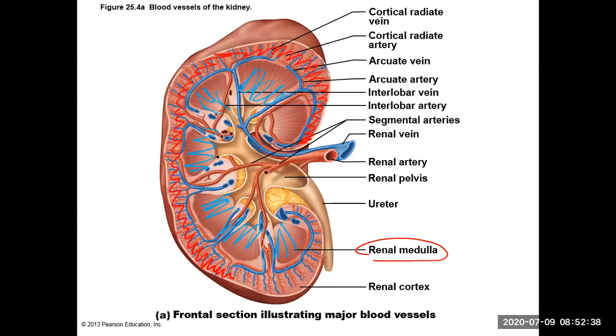So if we have a blue region right over here, say, for example, this is the same thing as here. And then on top, we had the cortex right over here. That would be the red region, this part, okay?